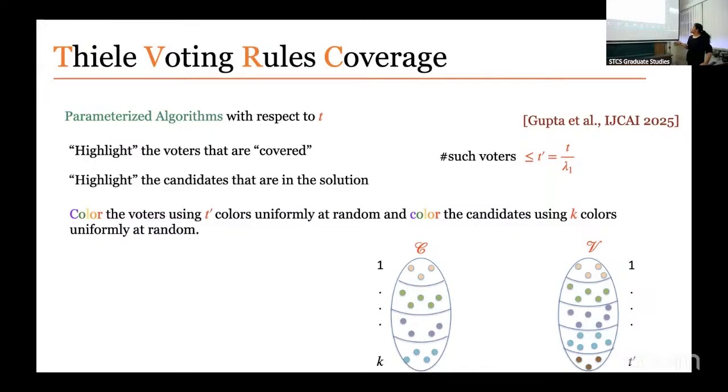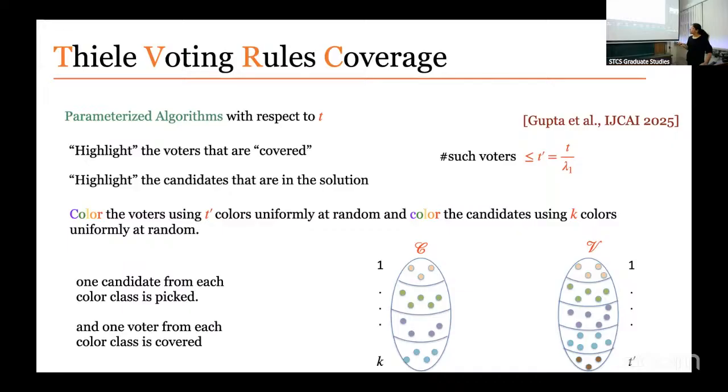But what I don't know at this point of time is, for this candidate in the optimal solution, whom do you want to give the score? So let's just guess that. You guess that if I pick something from the first color class, what all voters will be covered.